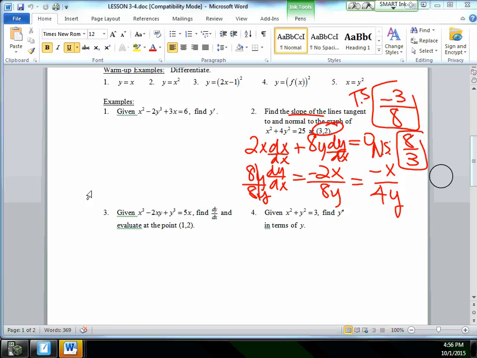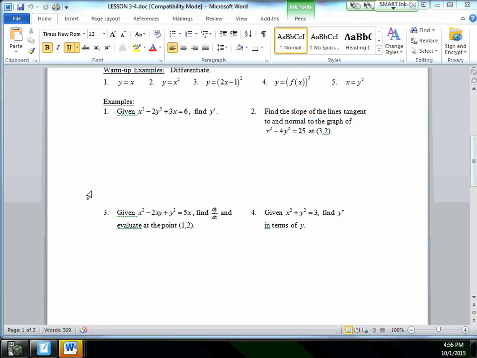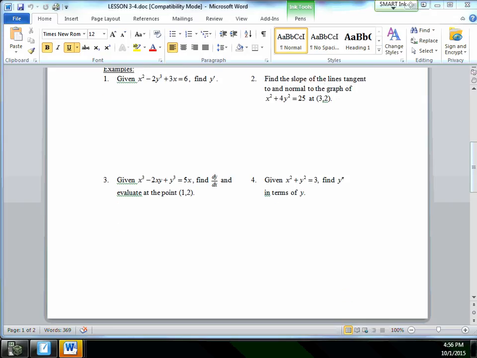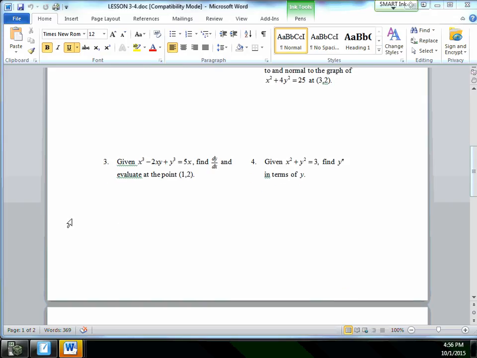Okay, our last two examples, we're going to find dy/dx and then evaluate the point. So if you notice, this one just looks messy, and you're going to have to be quite careful right there. You're going to have to do the product rule. And the thing that gets students every time is that negative 2.